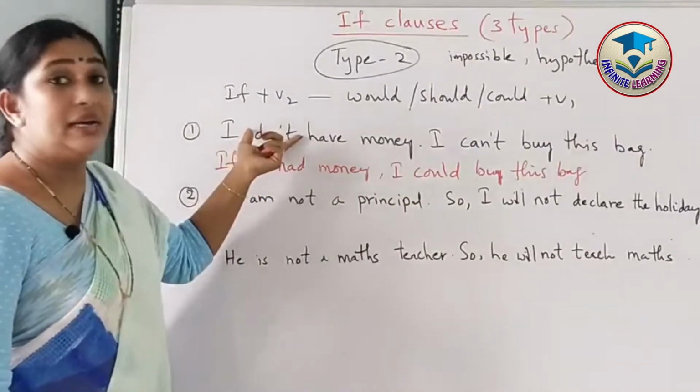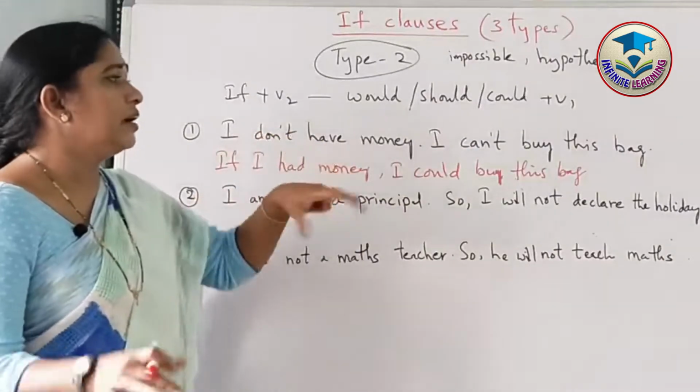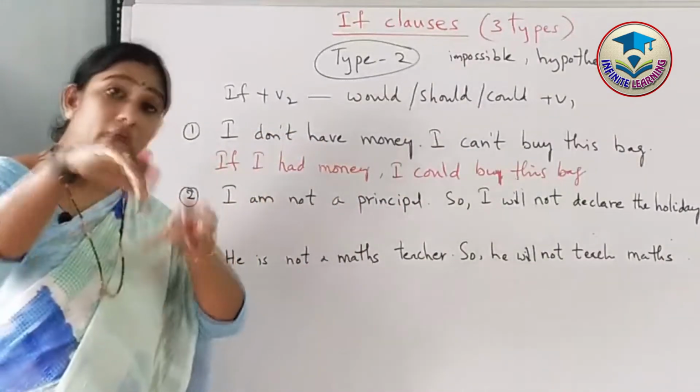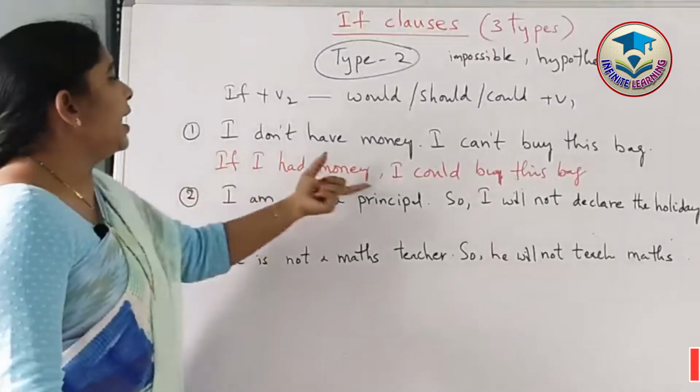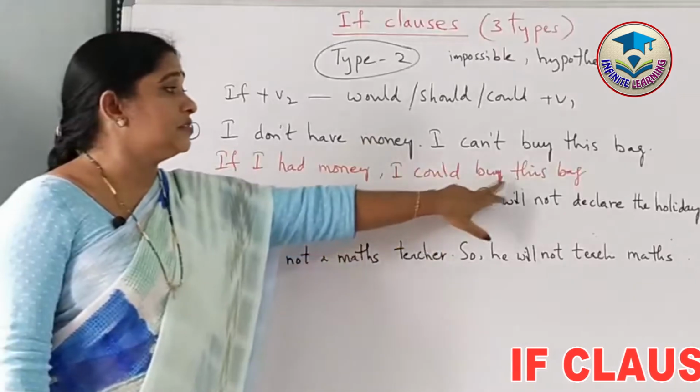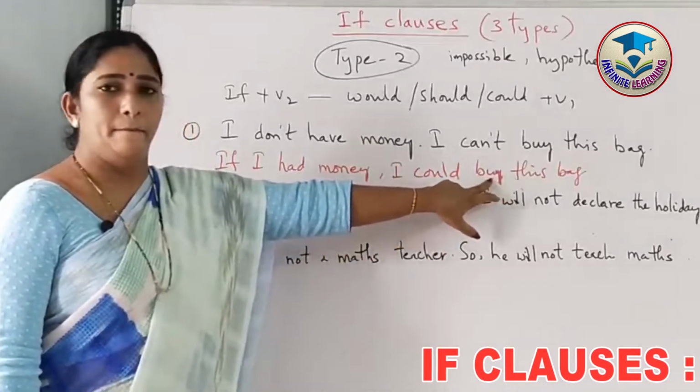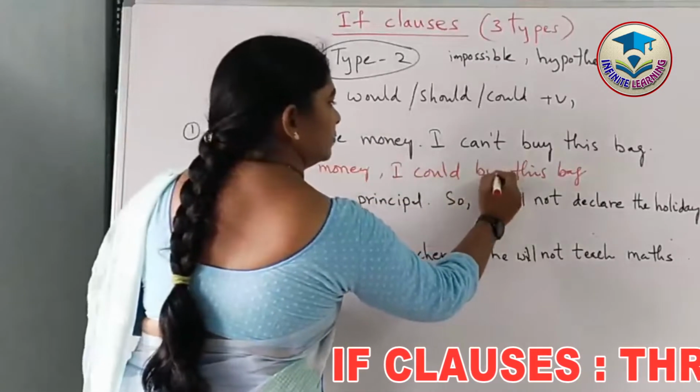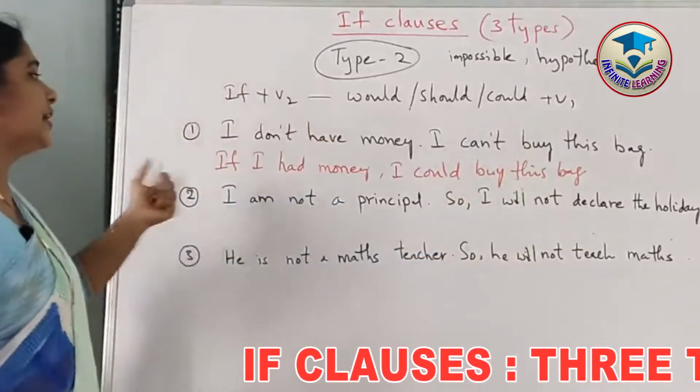See here, both are negative. If I had, I could have. If I had money, I could buy this bag. I could buy: could plus V1, buy only, B-U-Y, buy. This is the second type.